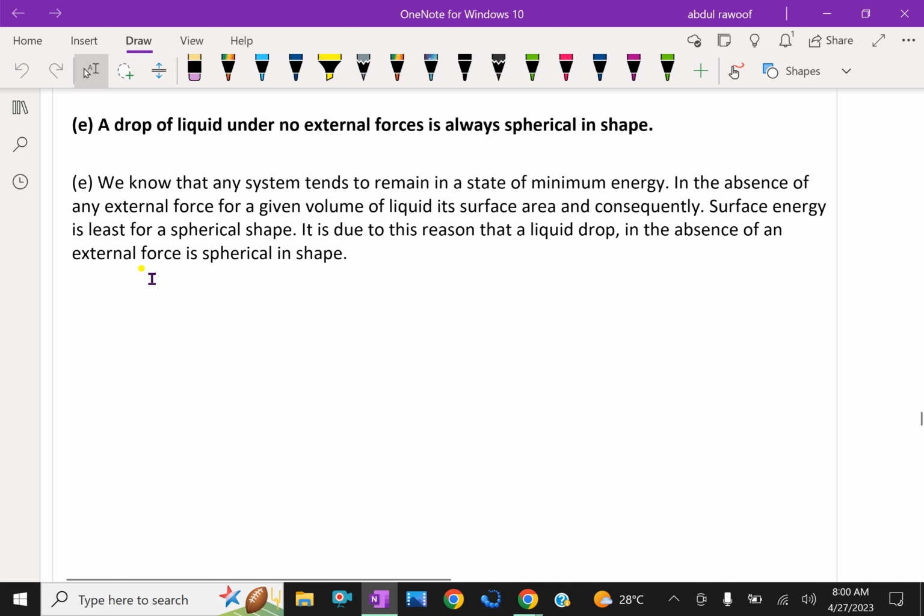In the absence of any external force, for a given volume of liquid, the surface area and consequently the surface energy is least for a spherical shape. It is due to this reason that a liquid drop in the absence of an external force is spherical. That is why raindrops are mostly spherical.